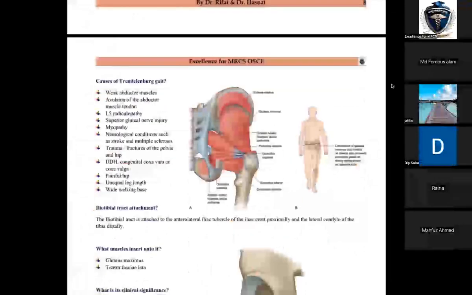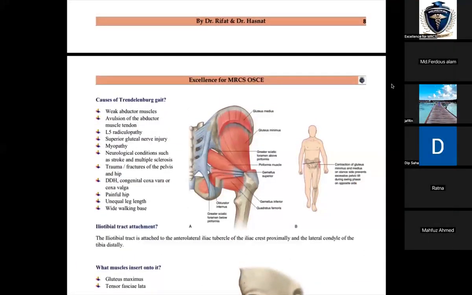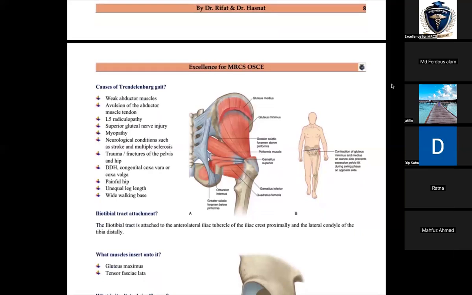Now we are discussing the function. Just have a look. This is the area, posterior gluteal line. From here, the gluteus maximus muscle originates, and this is inserting in this part. And this is the back of the patient, right? Just simply think, you are pulling this muscle.